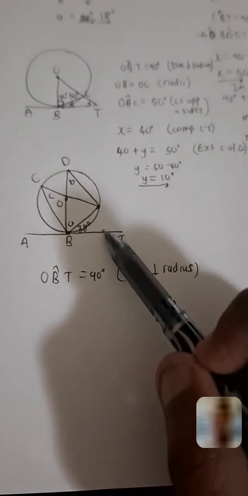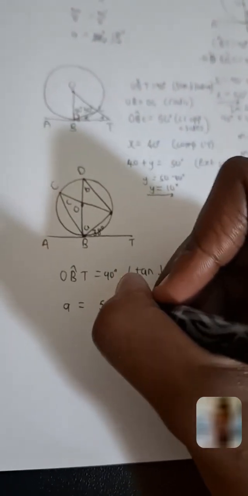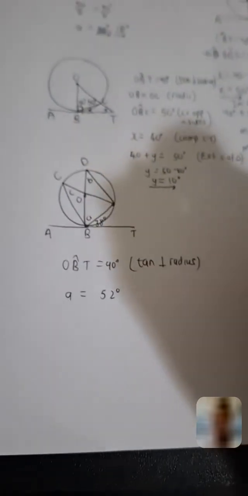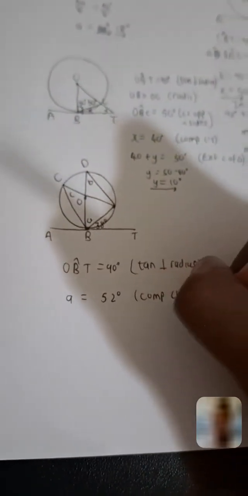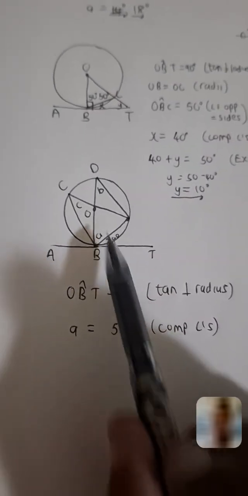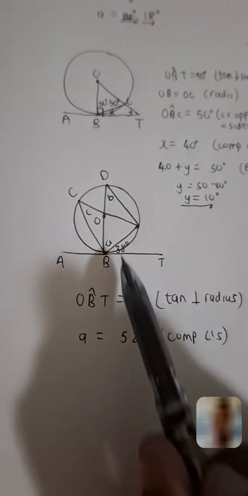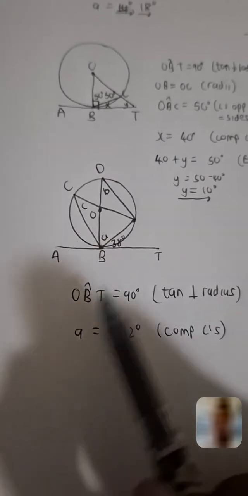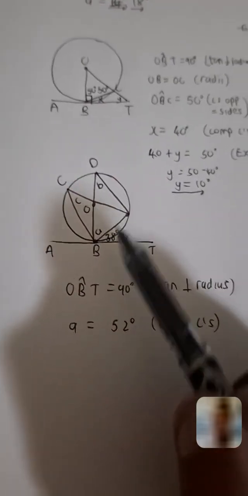Angle A is equal to 52 degrees. Complementary angles. So for those who would probably say A plus 38 is equal to 90, it's okay to say A is equal to 52 degrees, the calculation done.